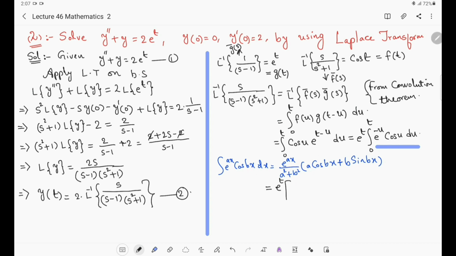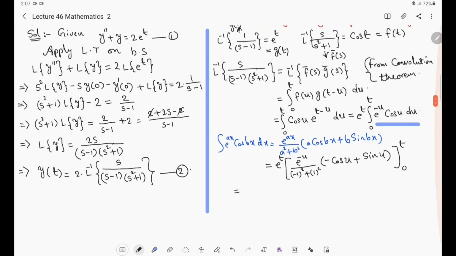So e power ax means e power minus u by a square plus b square, so minus 1 whole square plus 1 square, into a cos bx. A is minus 1, cos b is 1. So a cos u plus b is 1 again, sin bx, sin u. Right, now limits are from 0 to t. So wherever u is there we have to substitute this.